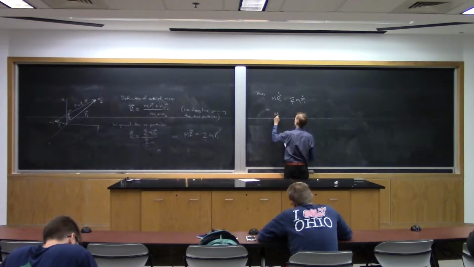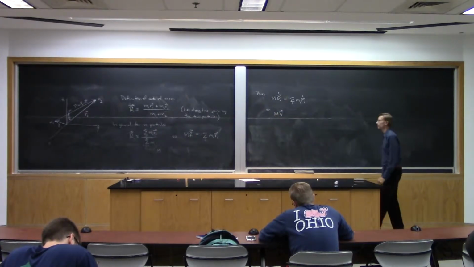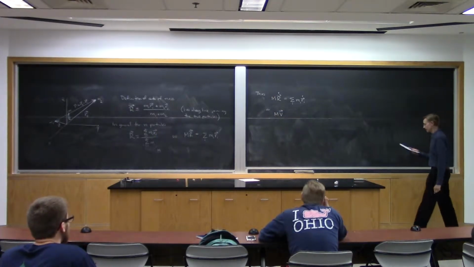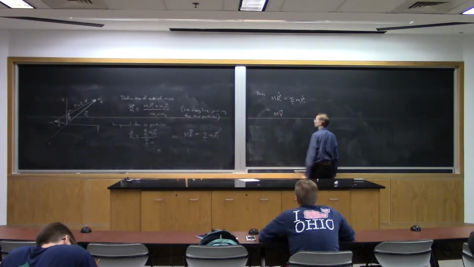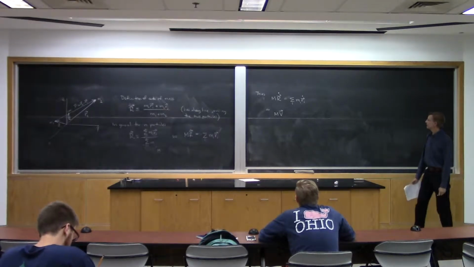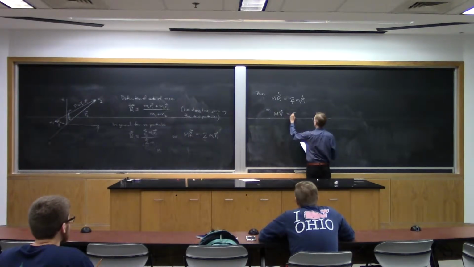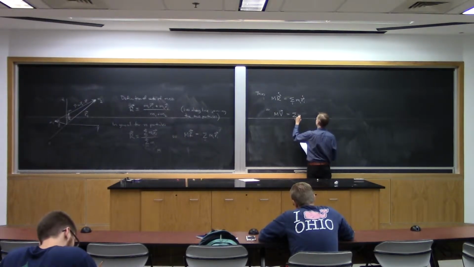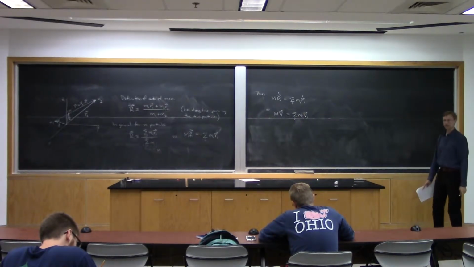Or, if we call capital V the velocity of the center of mass, then that says that M times capital V is equal to the sum of the m_i v_i, the velocities of all the individual particles.